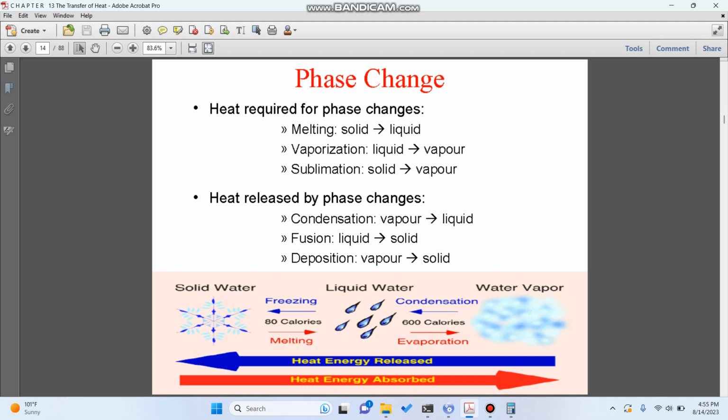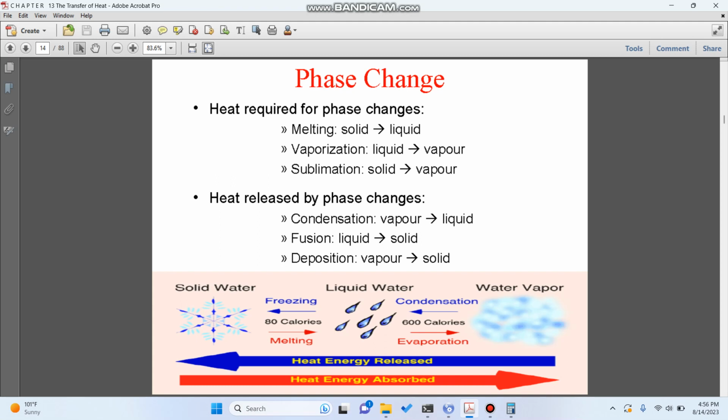Now different names are given to the heat required for phase change. Melting occurs from solid to liquid. Liquid to vapor is vaporization. Directly solid to vapor is sublimation, a special condition seen in some specific materials, which can convert from solid to vapor.